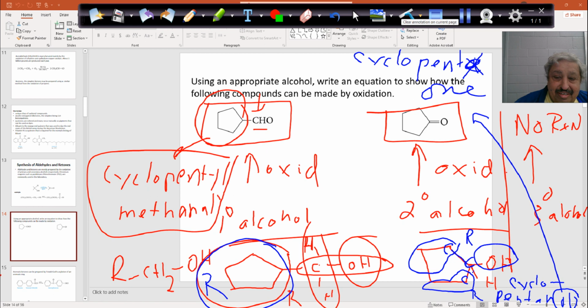When you go for organic chemistry 1 or 2, then you learn the different mechanisms: SN1, SN2, that's nucleophilic substitution 1, nucleophilic substitution 2, elimination, addition, all types of mechanism.